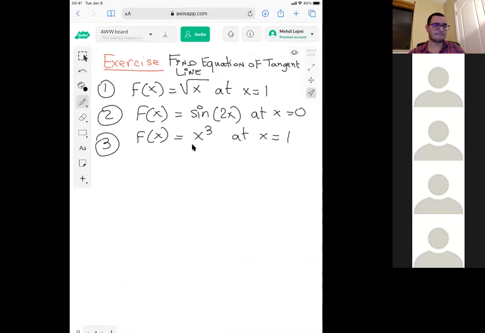So all I'm saying is that this definition of the slope m is a very natural quantity. It's not something artificial.